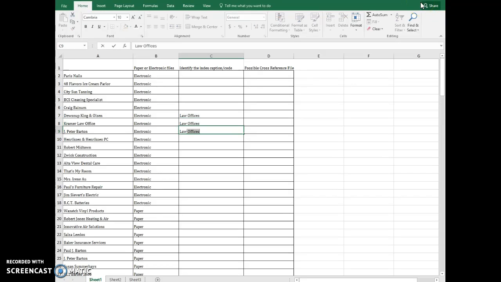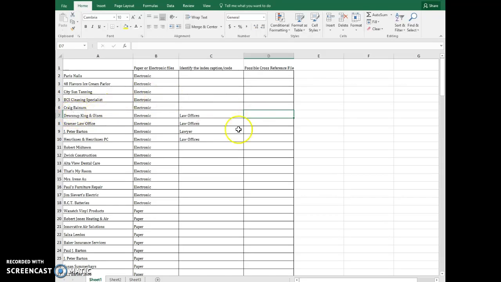Or maybe actually let's put J. Peter Barton under lawyer. Okay, and then we'll maybe do this one as a law office, etc. Okay, then a possible cross-reference you might encounter is actually people might look for it by the first name.